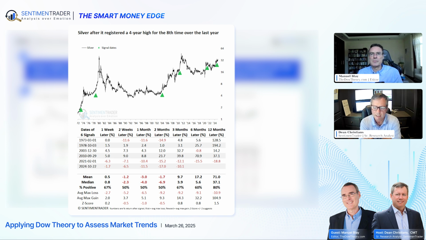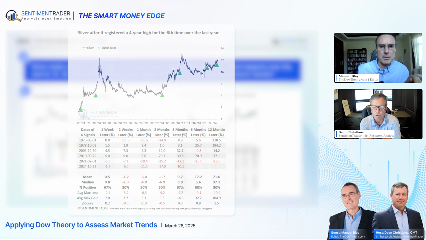So you can have silver consolidate in the near to medium term, yet still maintain its uptrend. Just looking at this analysis, don't rule out a consolidation, but we're most likely in a longer term uptrend.